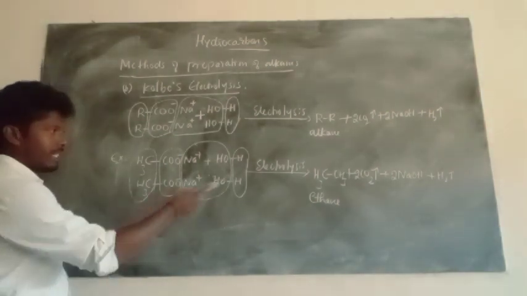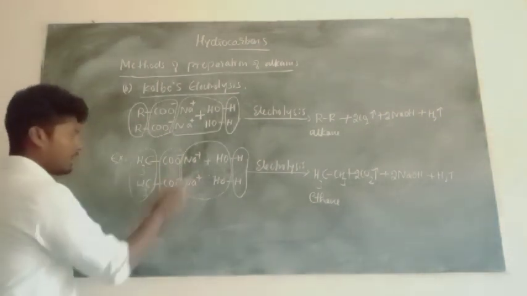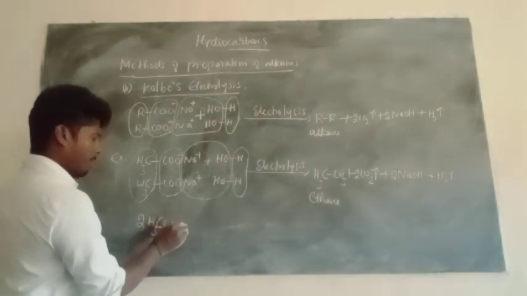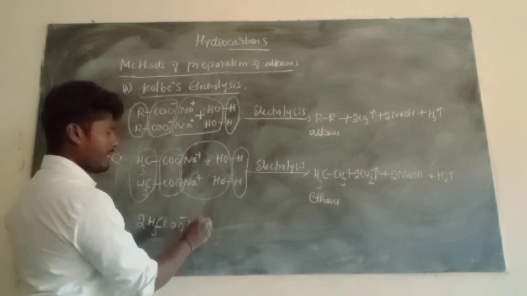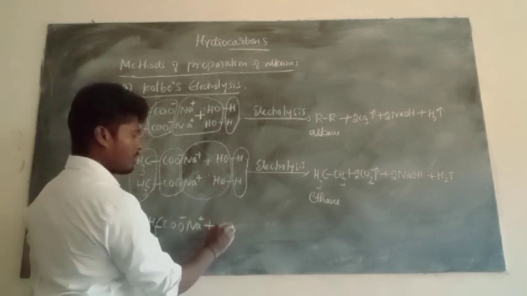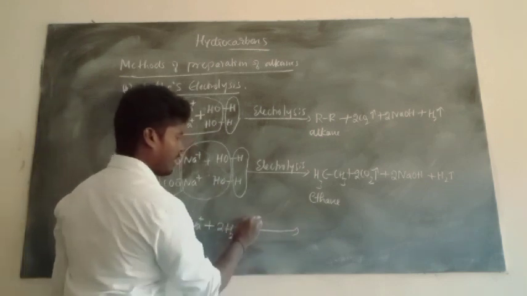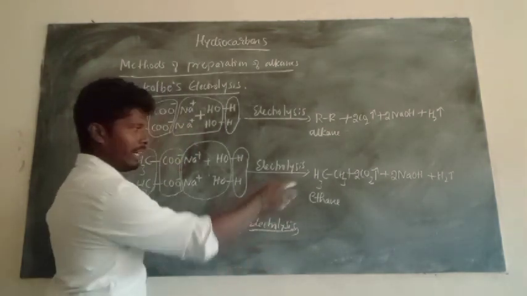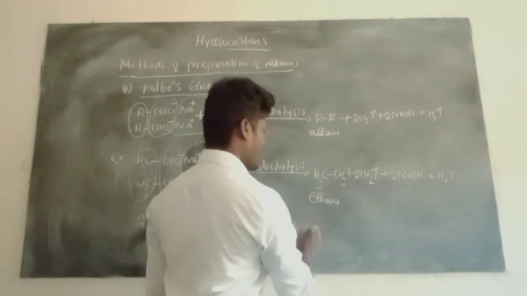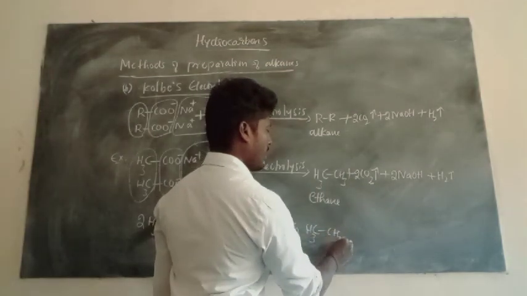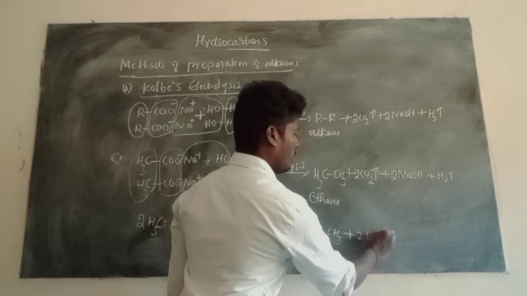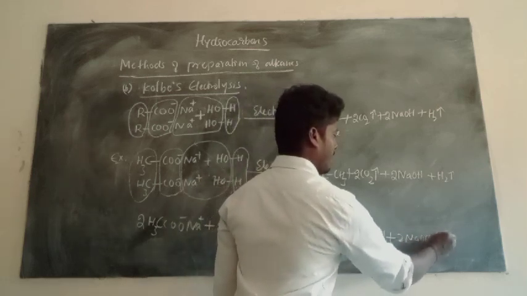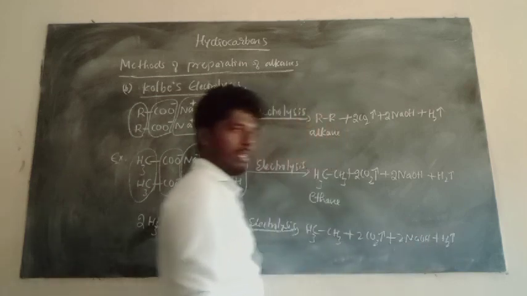Listen, students, this can also be written simply like this: 2 times CH3COO-Na+ and 2 times water H2O, on electrolysis, the main product is the same, CH3-CH3 plus 2 CO2 plus 2 NaOH plus H2 gas. We can write like that.